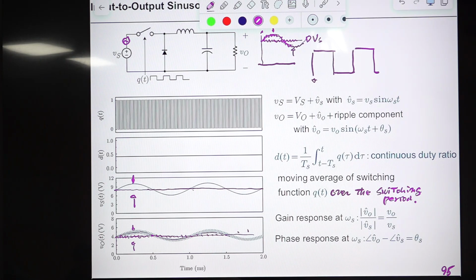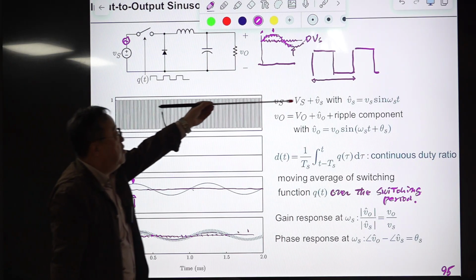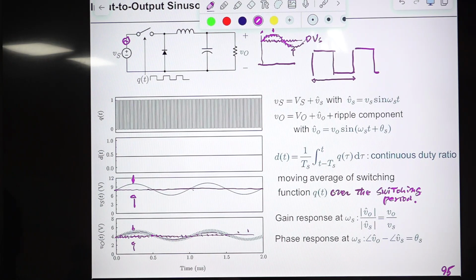So when the integration is performed for this period, and this value is 0, then the integration is 1, and divided by this period would be 0.5. So D here is 0.5, right?